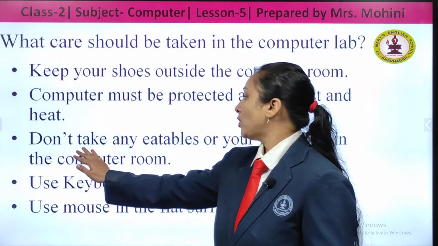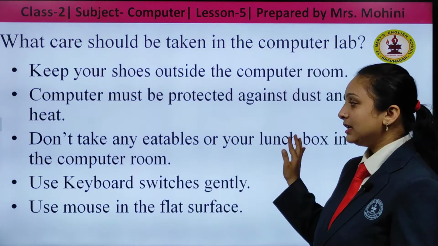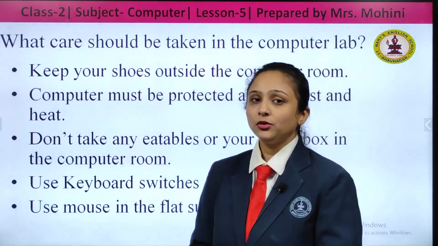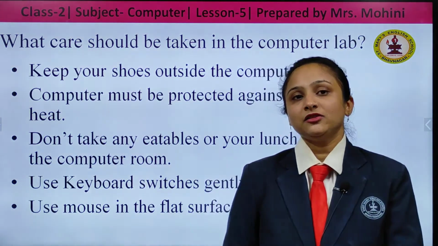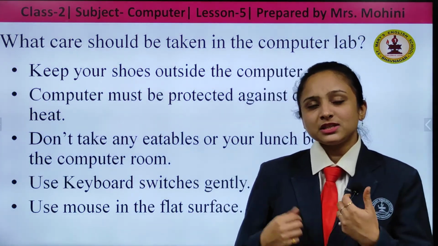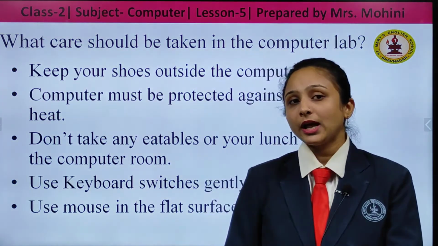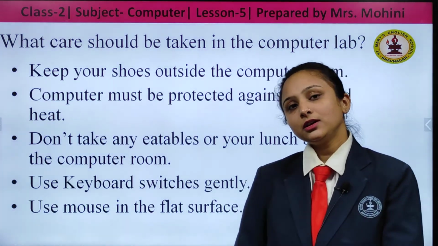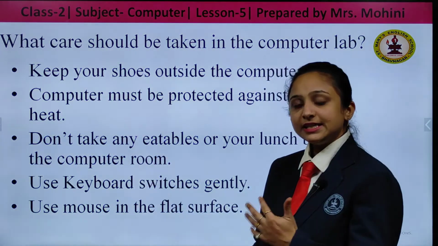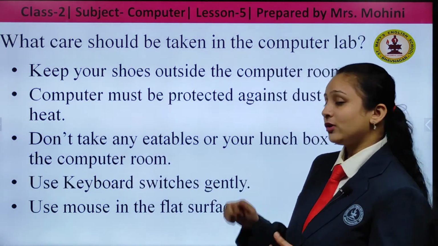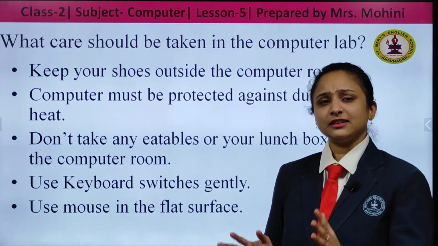Do not take any eatables or any lunch box into the computer room. For example, you know that a computer is an electronic device, and if you take a water bottle and by mistake it falls on the keyboard, what will happen? It will damage the keyboard. Yes or no? Yes.